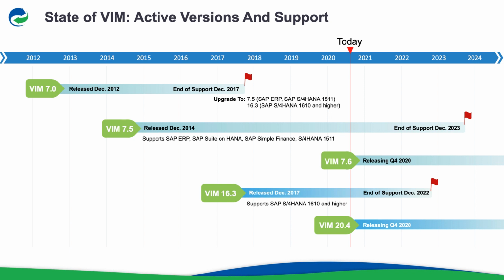7.5 is the current latest version if you're planning to remain on ECC for a while, and 7.5 is currently ending support end of 2023.